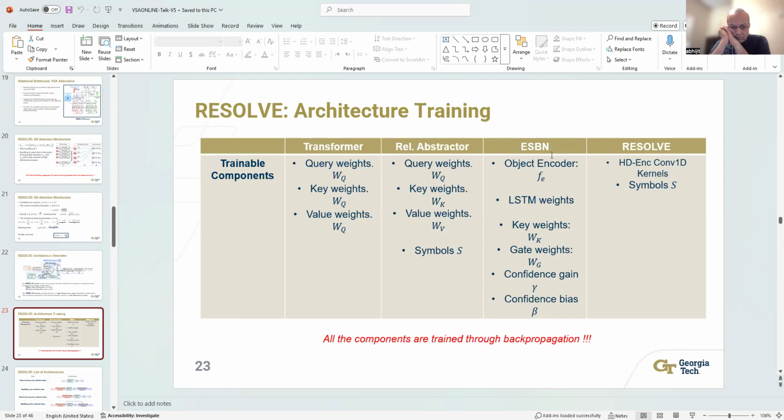For the ESBN, we have the encoder, the LSTM weights, the key weights, the gate weights, the confidence gain, and the confidence bias. And for the ReSolve, we have the HD encoder system and the set of symbols. All these components are trained through backpropagation.